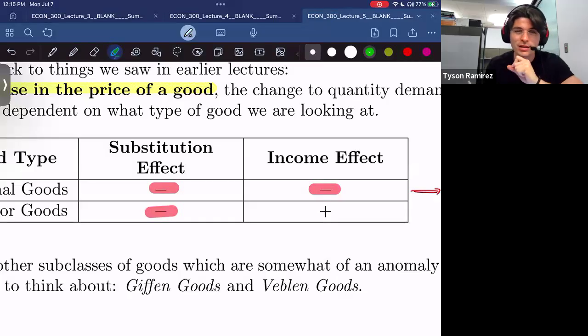Well, inferior goods are your generics. And so your income effect will actually be positive. A small component of your change in demand is going to increase. You're going to consume more generics. So the income effect component is going to be positive.